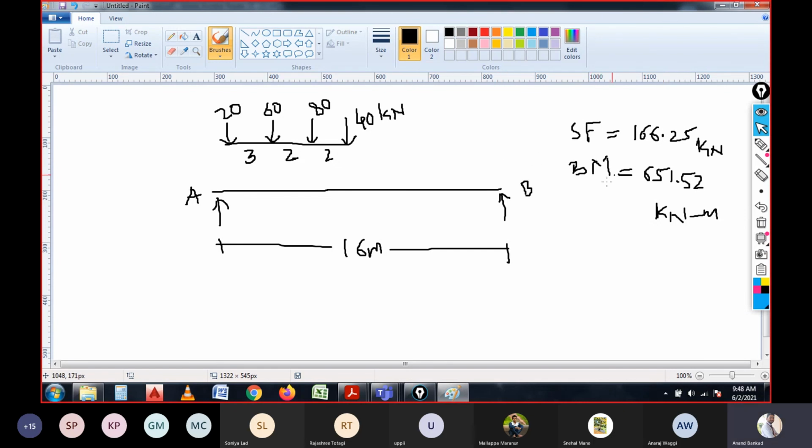Do you get any confusion or any values here? The shear force value is 166.25 and the bending moment value is 651.5. Just solve this question and check yourself how much you are getting as actual values. Try to solve first what we discussed today, and later we can solve this one.